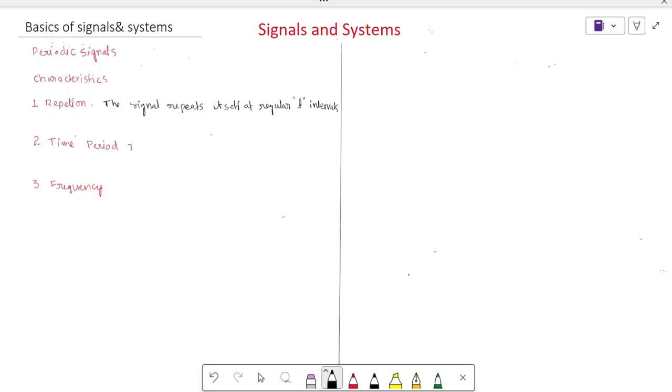The time interval between repetitions, the time interval between two repetitions.